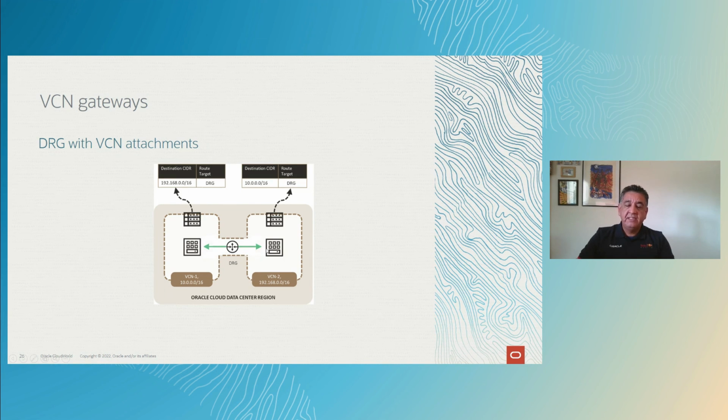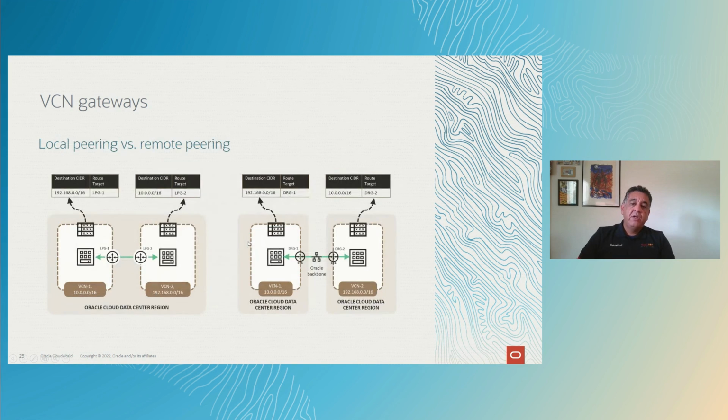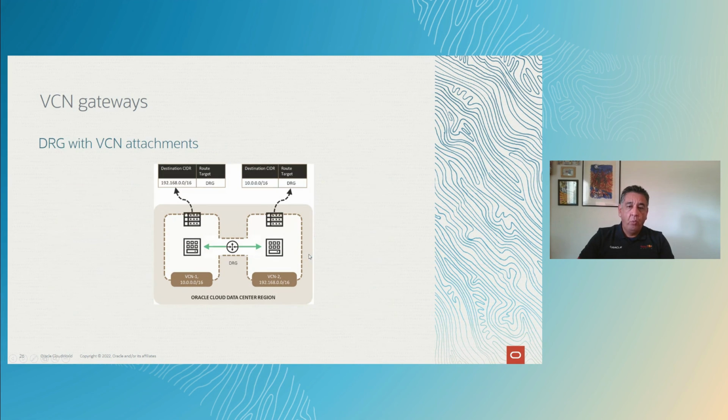We only have one. This virtual cloud network is attached to the same dynamic routing gateway. In the previous case, here we have two dynamic routing gateways. In this case, we only have one. And the route table on this virtual cloud network will route to the same DRG as the route table in this other virtual cloud network.